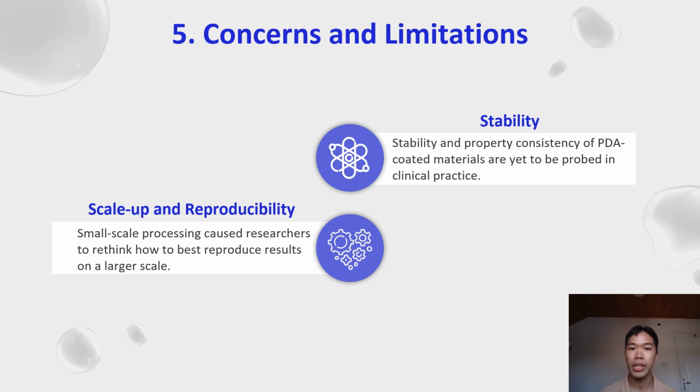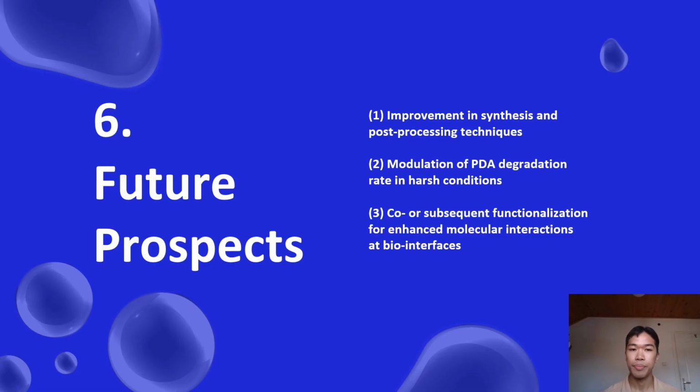As with other research, the use of polydopamine in tissue engineering poses concerns and limitations. The previous chapter unveiled multifarious opportunities for polydopamine in the paradigm of tissue engineering, but still, the stability of polydopamine is yet to be uncovered.